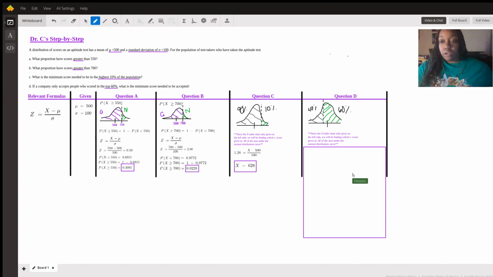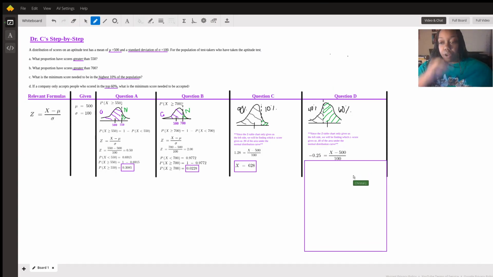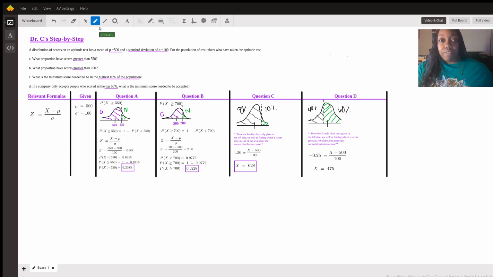Okay, so negative 0.25, and we're going to plug everything in. We're going to put negative 0.25 equals x minus 500 divided by 100. Okay, when we do that, that essentially gives us an x value of or around 475.